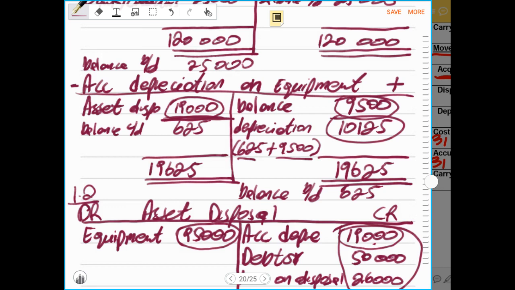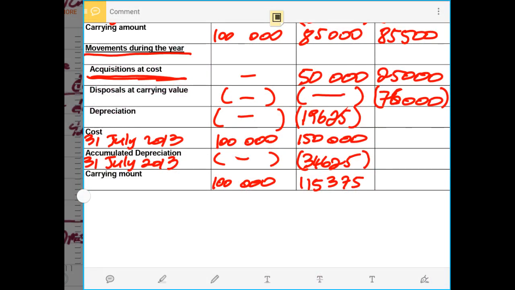So now we record that as 10,125 rands. Okay, let me just confirm that calculation, if it is accurate or not. Okay, there we go. So now let us continue recording the depreciation at the end of the year.